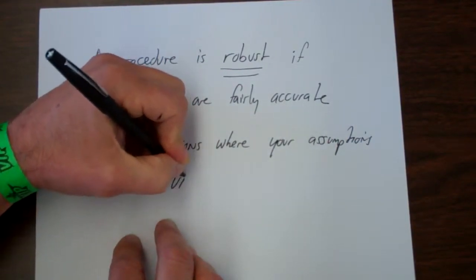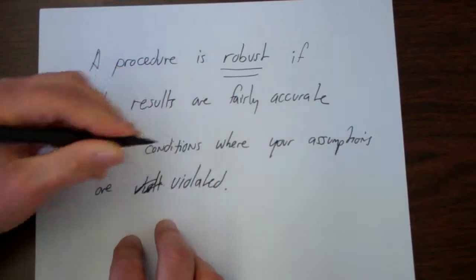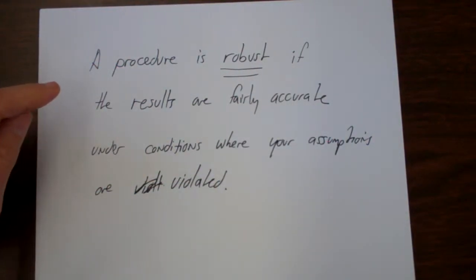Let me spell violated correctly. That's what we mean when a procedure is robust.